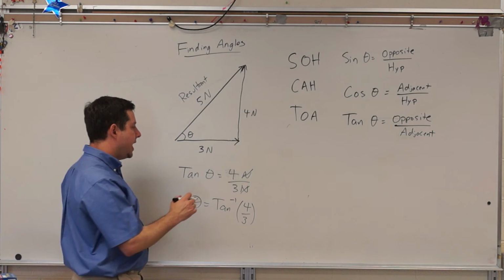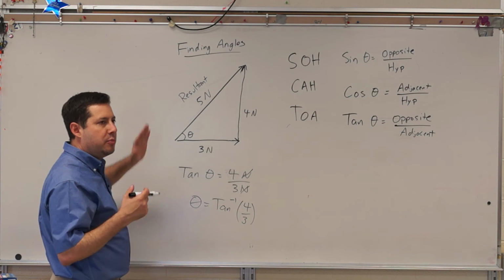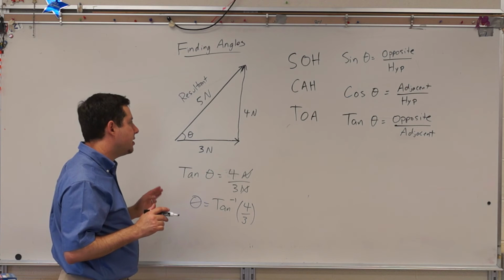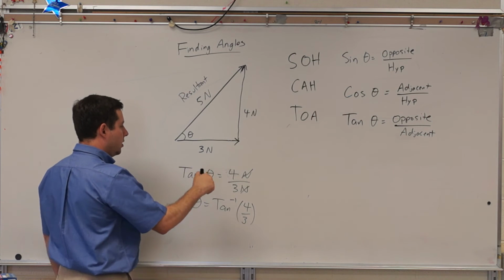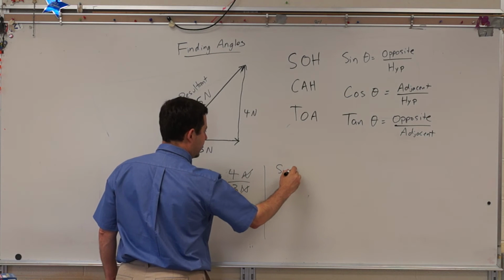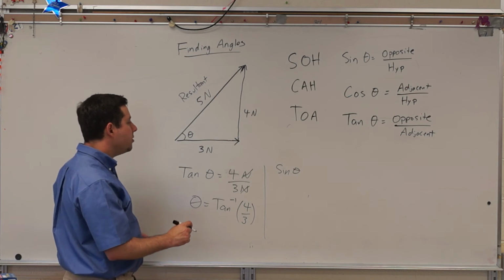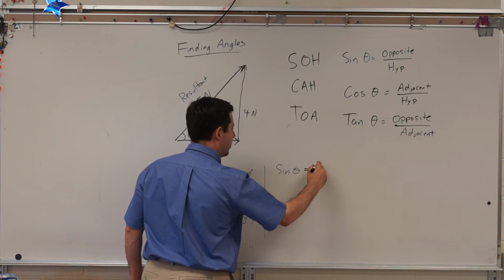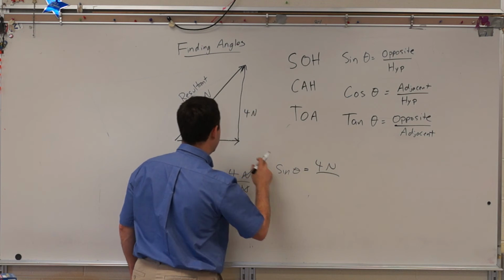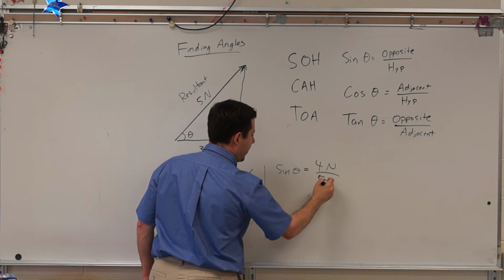You could also say, hey, I don't want to use tangent because I know the result on another side. You might have triangles where you don't know all of the sides to them. So you could, for example, say instead the sine of theta. Sine of theta is opposite over hypotenuse. So sine of theta is 4 newtons, the opposite side, divided by your hypotenuse, 5 newtons.